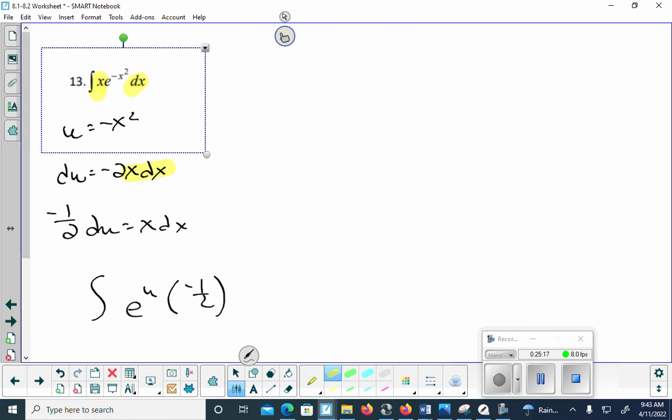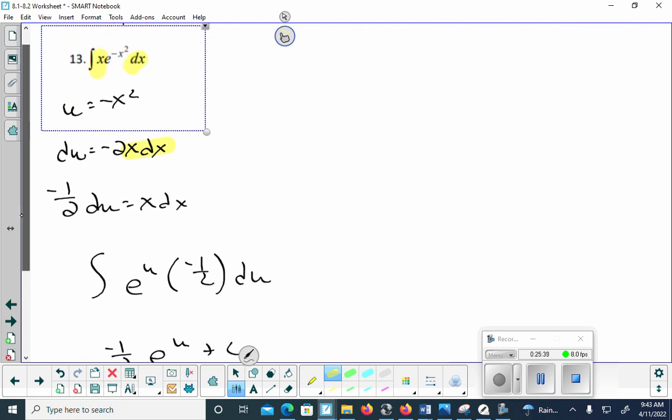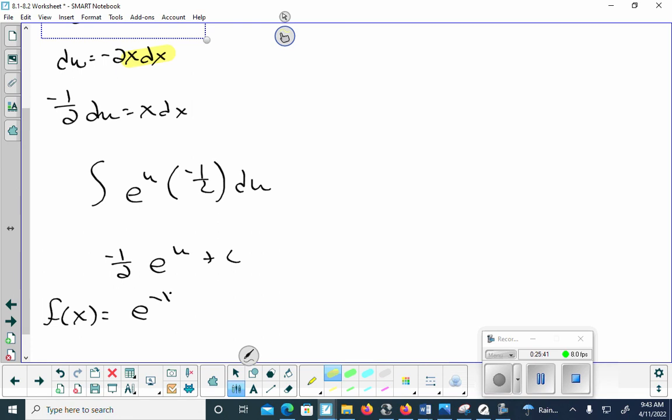So when I take the indefinite integral, I'm going to have negative 1/2. Take the integral of e to the u, that would be e to the u, plus c. So then f of x is equal to e to negative x squared over negative 2, plus c. And I think I'm going to do that.